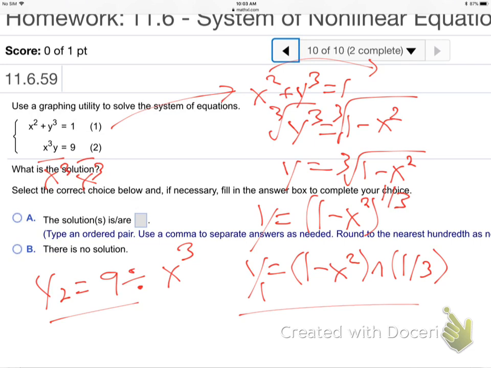I get a funny looking graph. I don't know if you do. Yeah, one clear intersection point, so it should be easy. Oh, it's giving me a little trouble with the second curve.